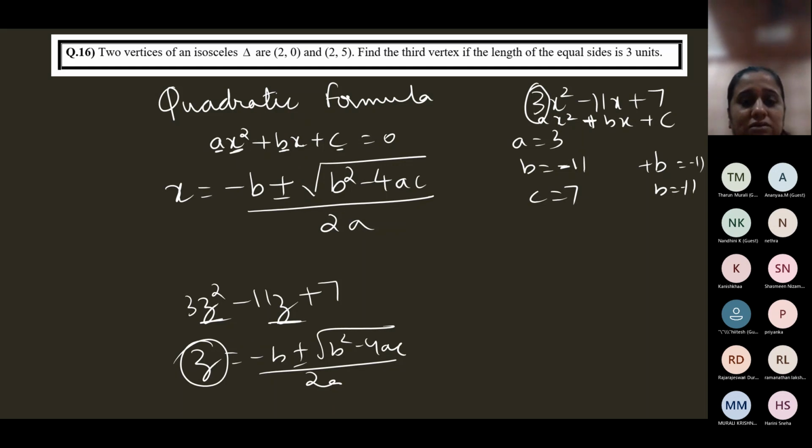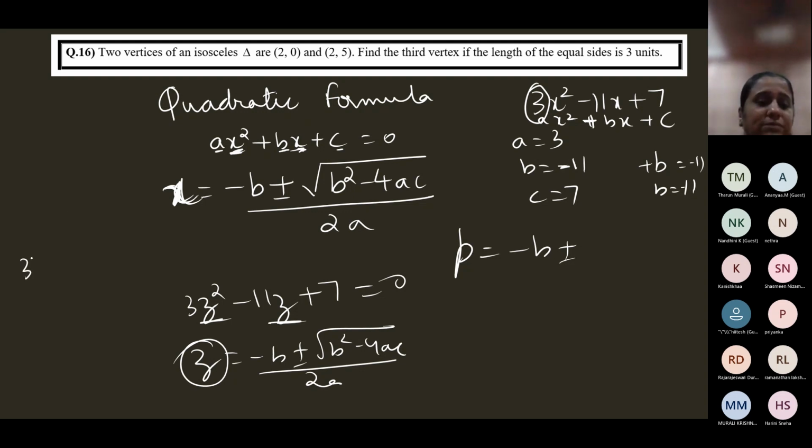Here the variable is x, so we say x is equal to, because you're trying to find the solutions or the roots of the equation where the variable is x. If the variable is p, you must say p is equal to minus b plus or minus, whatever is the variable used.